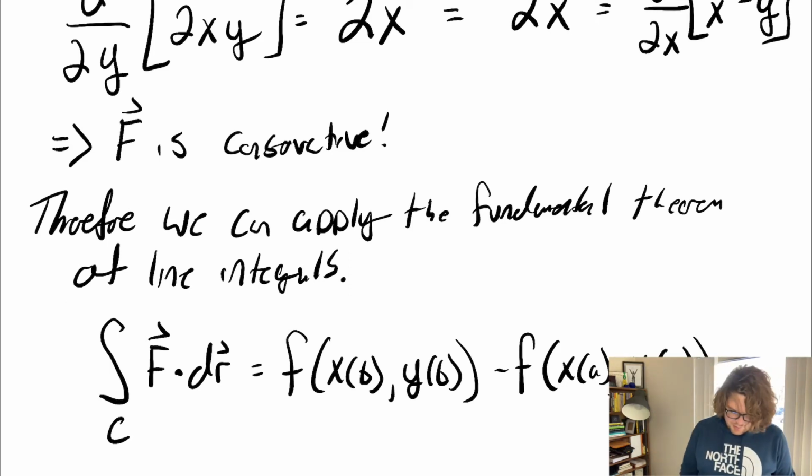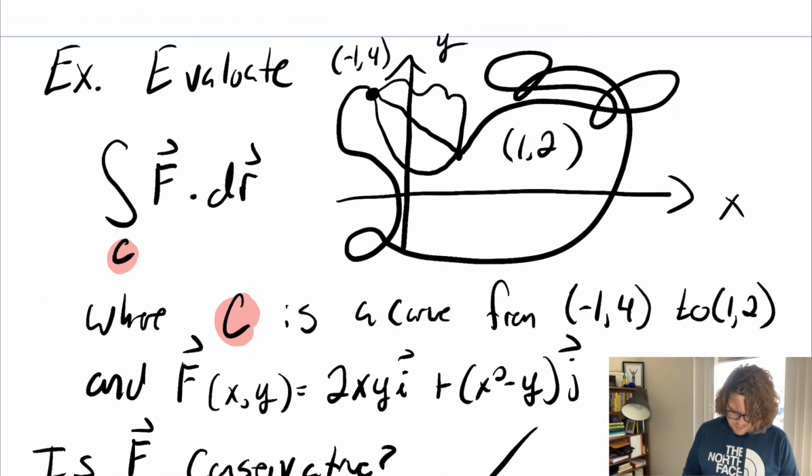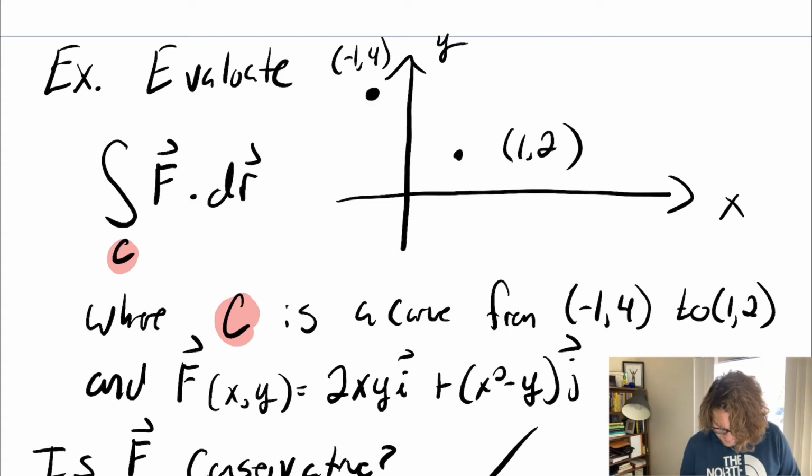But here we can go back and interpret what these x coordinates and y coordinates are. We have some sort of a curve C that's going from the point -1, 4 to the point 1, 2.